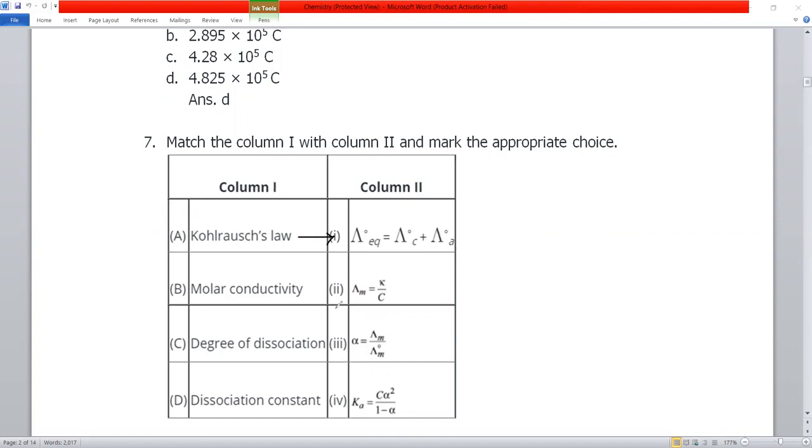Molar conductivity equals conductivity by concentration, and degree of dissociation alpha equals molar conductivity by limiting molar conductivity. Dissociation constant Ka equals C alpha square by 1 minus alpha. They have given A is 1, B is 2, C is 3, and D is 4, so we'll check which one matches.